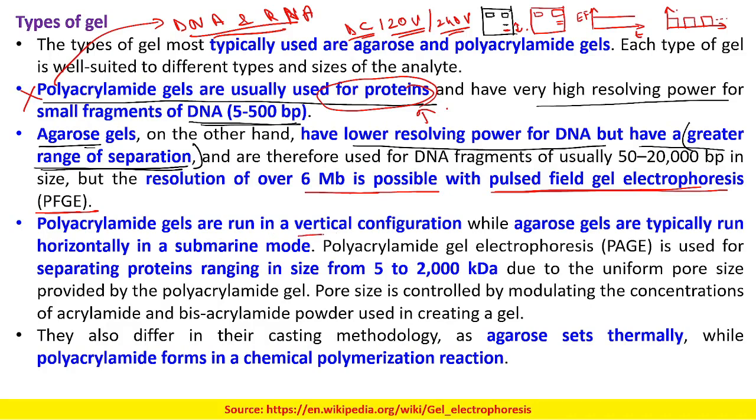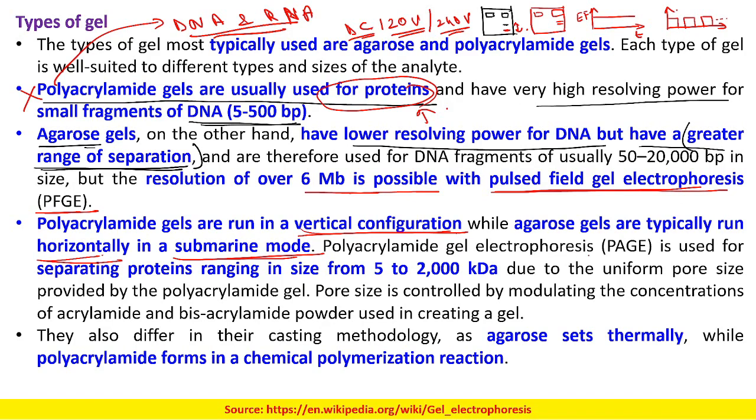Polyacrylamide gels are run in a vertical configuration, as I told you. Agarose gels are typically run in a horizontal fashion in submarine mode. What do you mean by submarine? Submarine means it will be within the buffer liquid. The electrophoresis liquid phase we are discussing will be within that liquid phase, under the buffer.